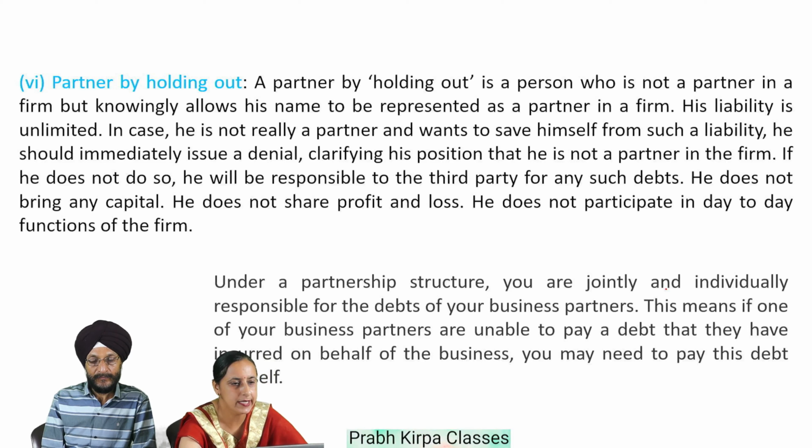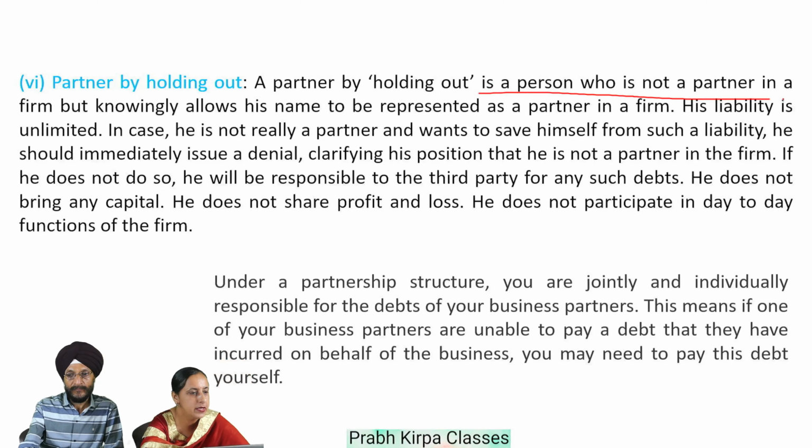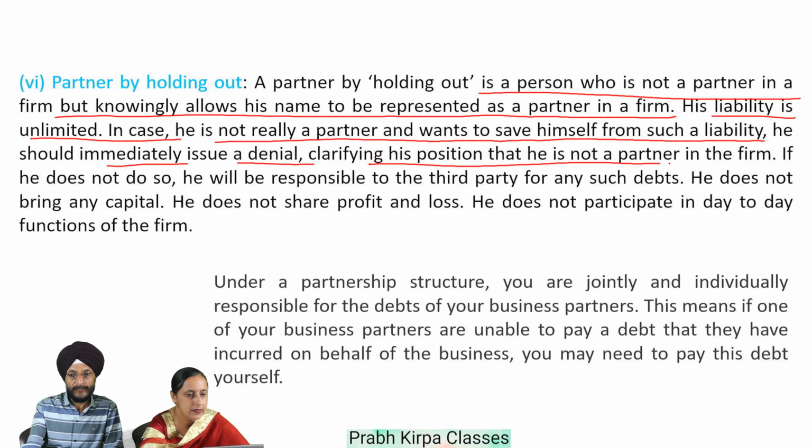Six, partner by holding out. A partner by holding out is a person who is not a partner in a firm but knowingly allows his name to be represented as a partner in a firm. His liability is unlimited. In case he is not really a partner and wants to save himself from such a liability, he should immediately issue a denial clarifying his position that he is not a partner in the firm.